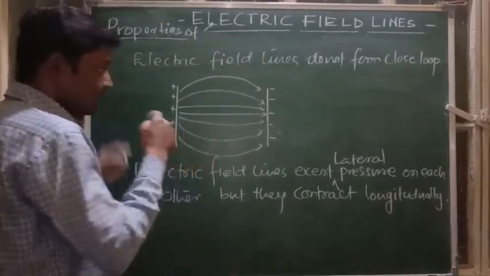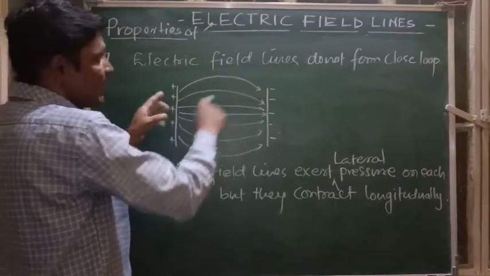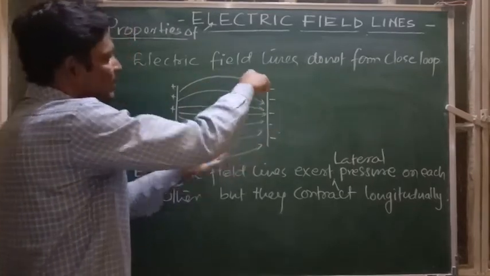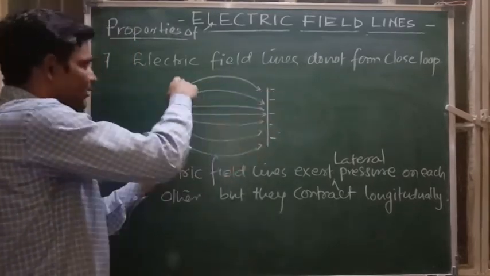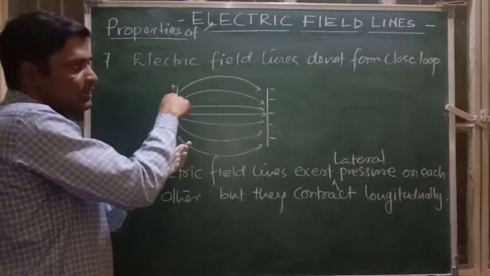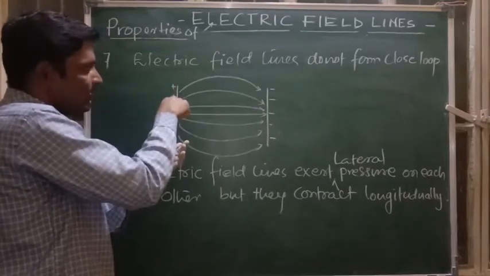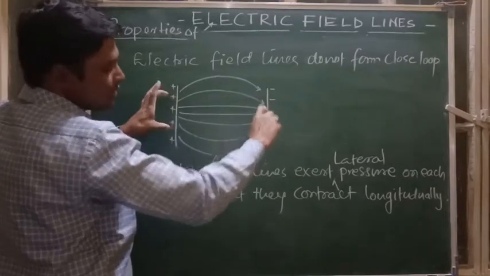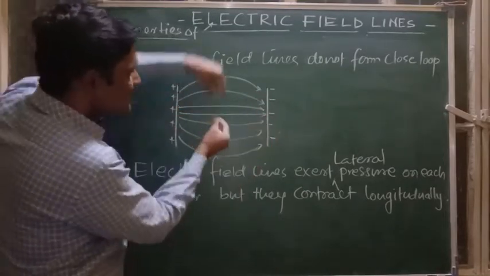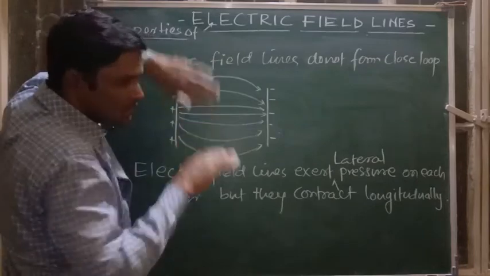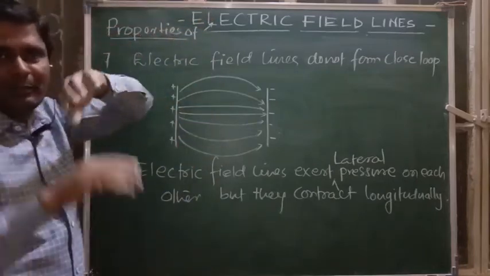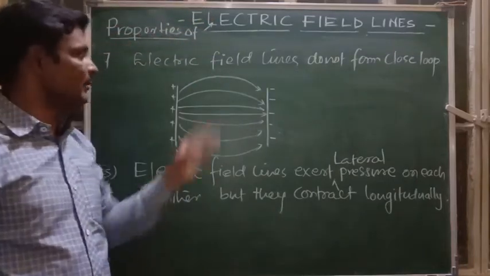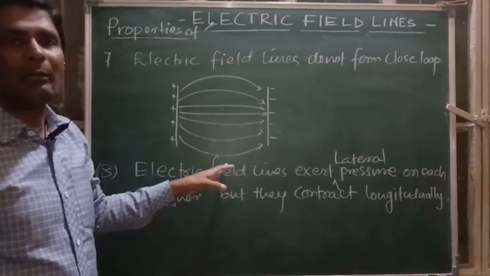But we can see that these lines again contract at that terminating point or at the initial point from where they have generated. So this is called longitudinal contraction, and this expansion, that these lines have pushed apart from each other, is called lateral pressure exerted.